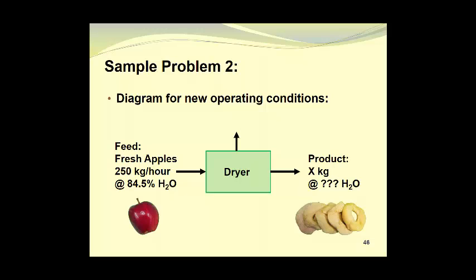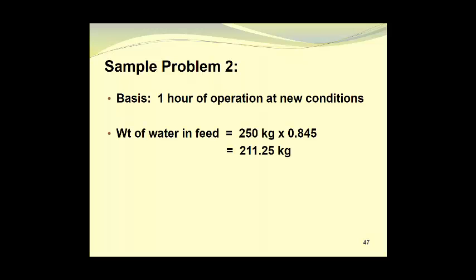We have product coming out with an unknown moisture content, and we also do not know the weight. Water is being removed in the form of vapor in this case, and we'll get back to that in a moment. We'll also use a basis of 1 hour of operation at these new conditions.